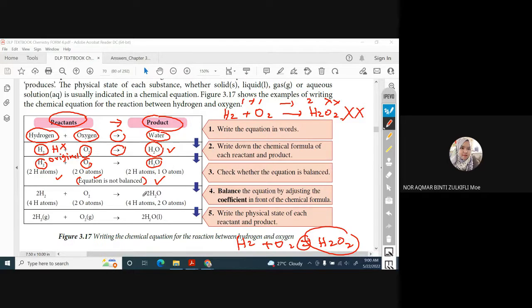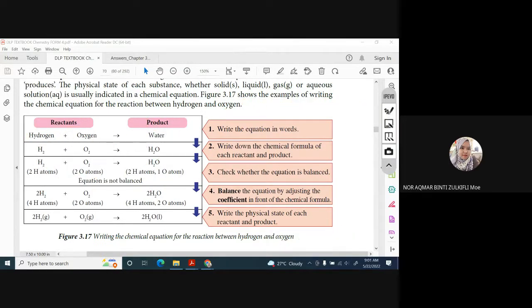Okay, so since it's not balanced, how kita nak balancekan dia? Nah, ini yang cikgu cakap tadi. Kita kena tambah big number. Nampak tak ada big number here? Dua ni. Okay, so you can see the small number you cannot change. Kita ambil warna lain lah, warna biru.